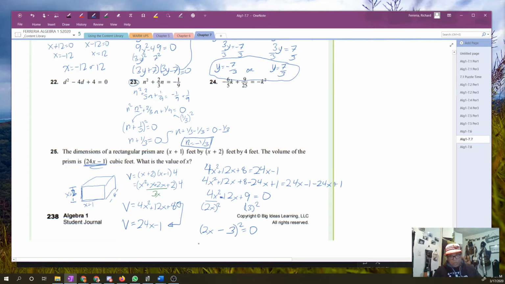This is a perfect square, so there's only one factor, and you only have to solve one time. So 2x minus 3 equals 0. 2x minus 3 plus 3 equals 0 plus 3, which means 2x equals 3, which means x equals 3 over 2, which, if you got your calculator, that's 1.5.